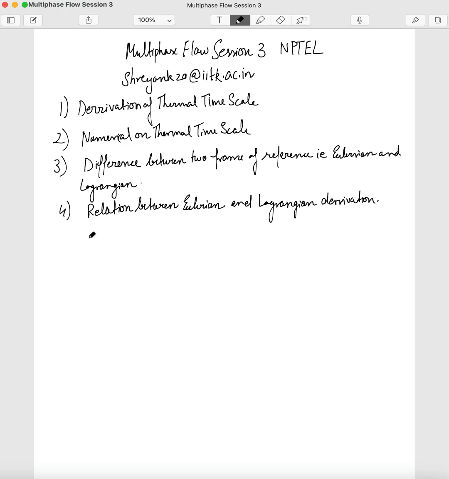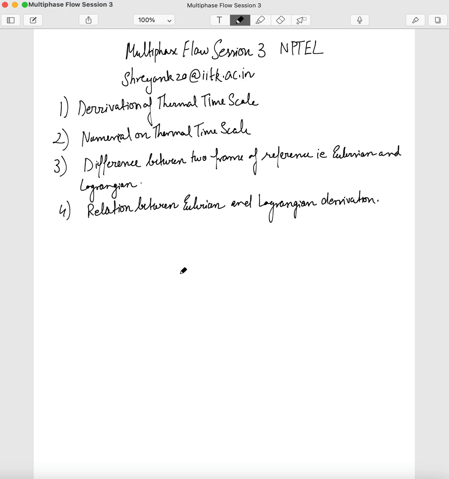Okay, so before starting this session, I want to clarify one doubt that was raised in the last session, about what happens in Stokes flow.